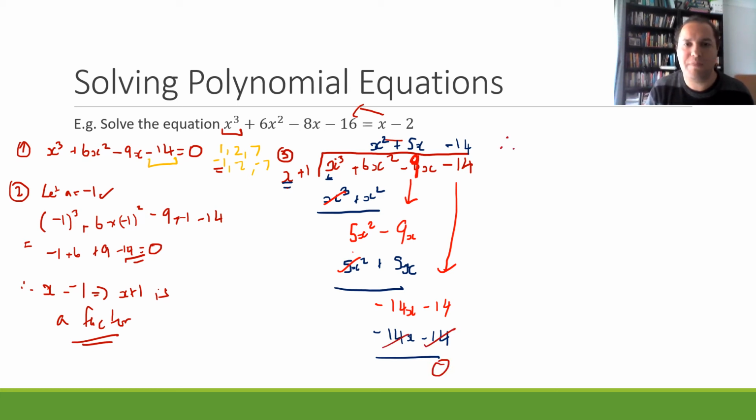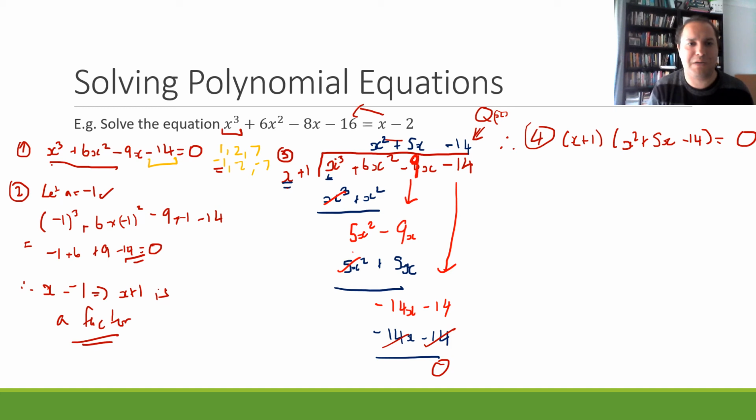So therefore we can rewrite our polynomial as x plus 1 times our quotient function that we just worked out, x squared plus 5x minus 14, and that equals 0. We've factorized our polynomial by finding our linear factor using the factor theorem, and got our quotient function by applying polynomial division.